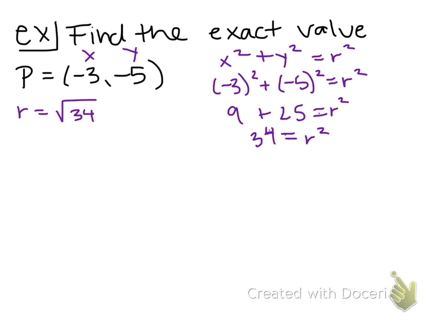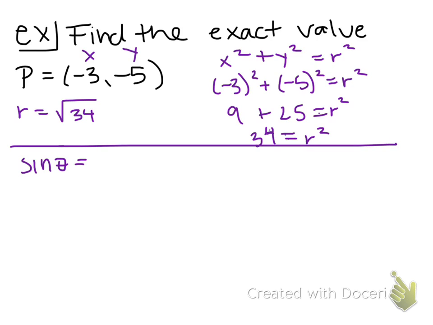Now we get into our trig functions. Let me draw a little line so we have some space. My sine value is going to be y over r, so negative 5 over root 34. Obviously we rationalize, so the final answer will be negative 5 root 34 over 34. You should always check to see if that outside fraction would reduce.